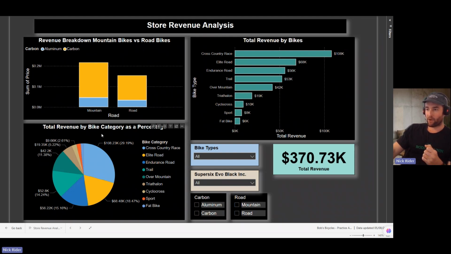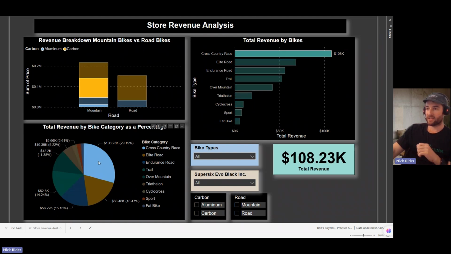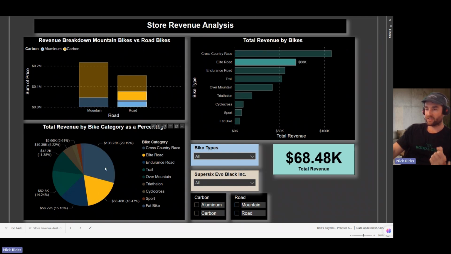So total revenue by bike category as a percentage, just down the bottom. What are the most bikes that Bob sells? So I can see here straight away that cross-country race, as we've got up here, is the biggest part of his revenue, and that makes up 29.19%. And elite road makes up 68.48k, which is 18.47%.